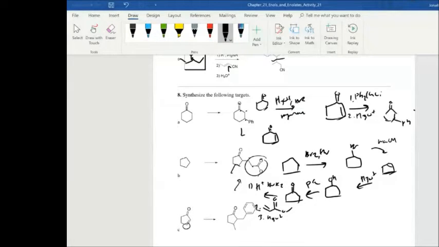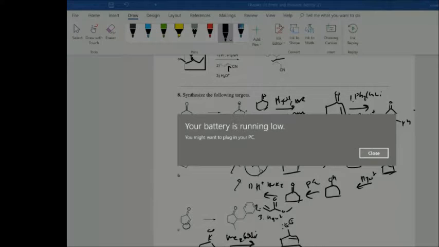Yeah, so the first thing you want to do is have this 1,4 addition idea in there. So the first thing I'm going to do is redraw my reagent. That looks really bad. And I'm just going to use a Gilman's reagent, Me2 copper lithium. And this should make this.